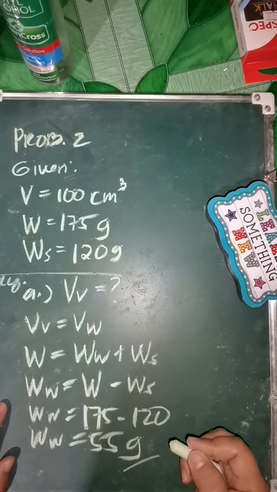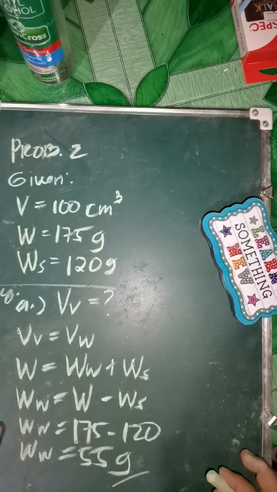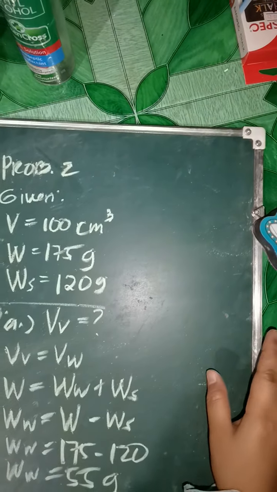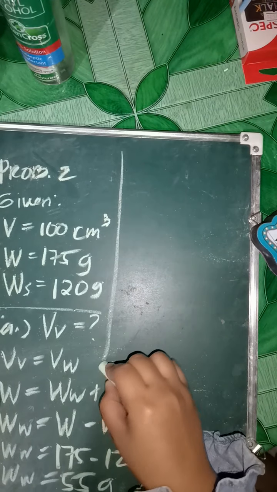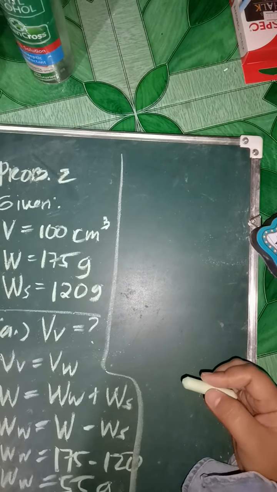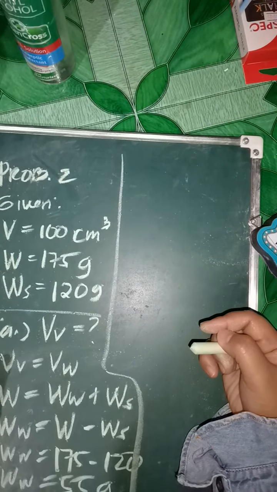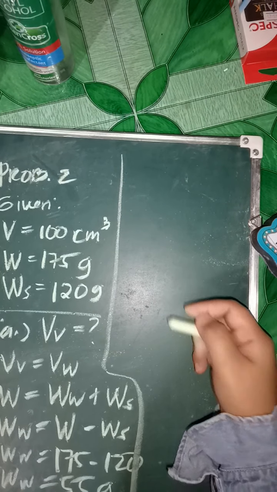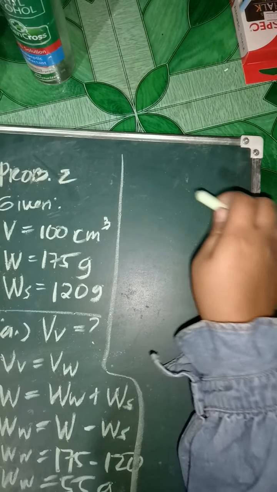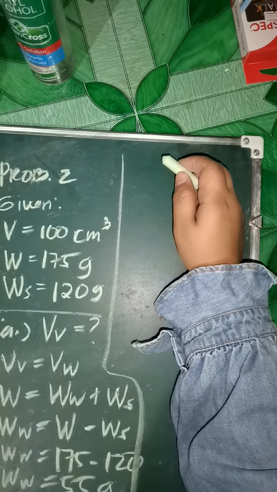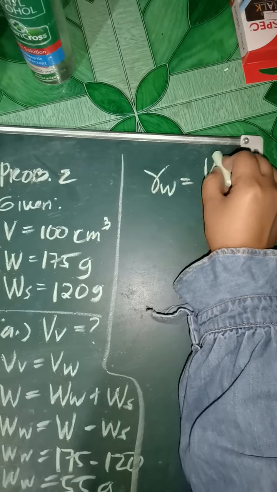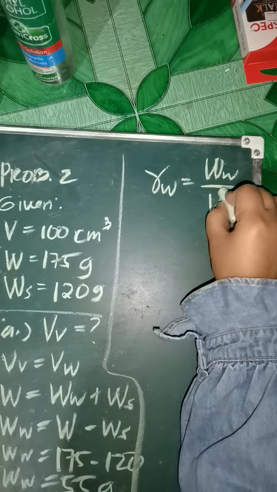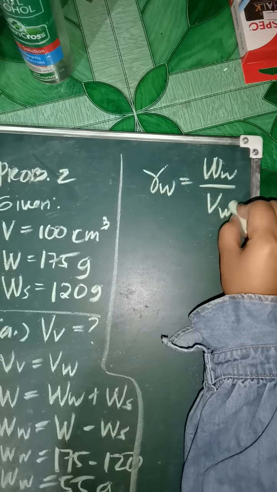Okay, and then continue here. We have the weight of water, so for the equation of unit weight of the water, that is equivalent to the weight of the water over the volume of water.